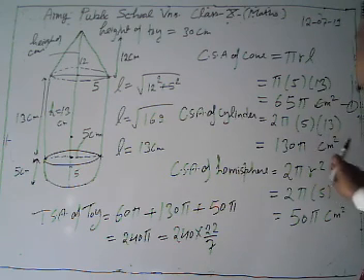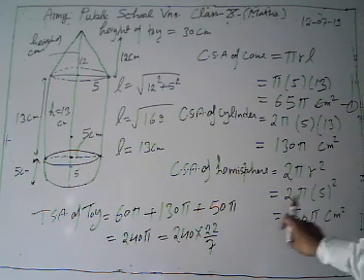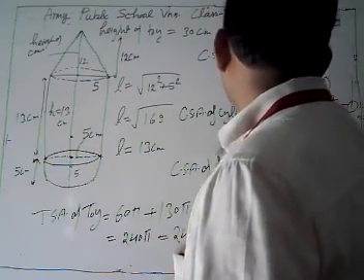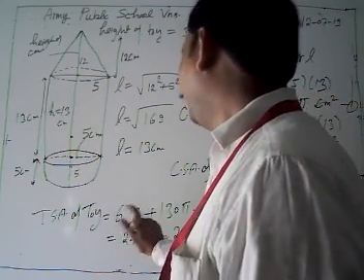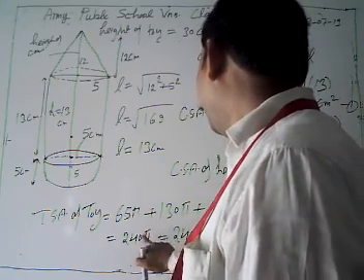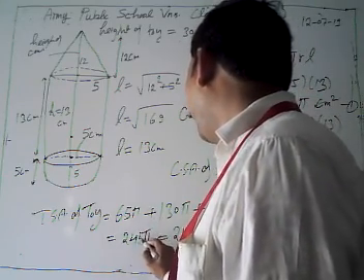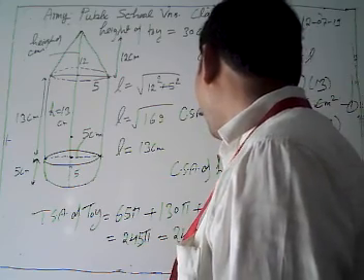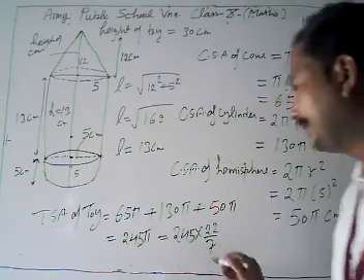Then 2 pi r h is 130 pi. Then we have here 245 pi. Now we are going to put the value of pi as 22 by 7.